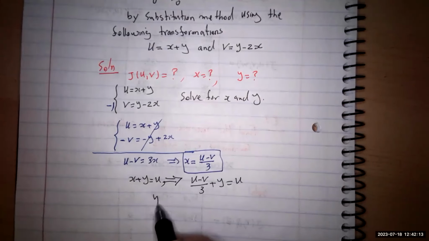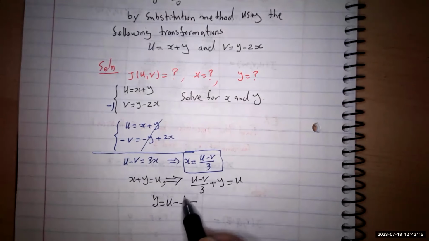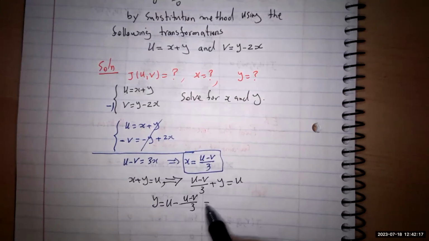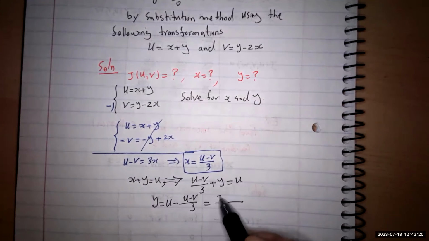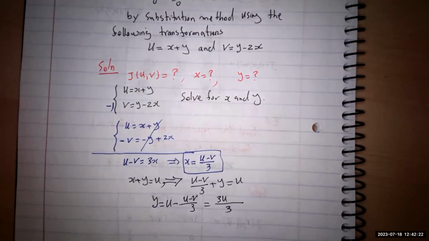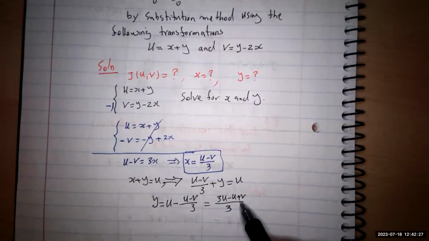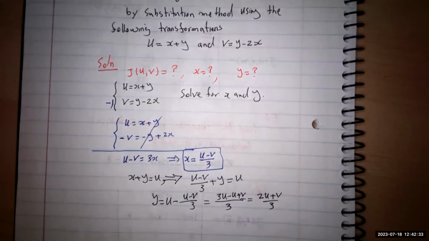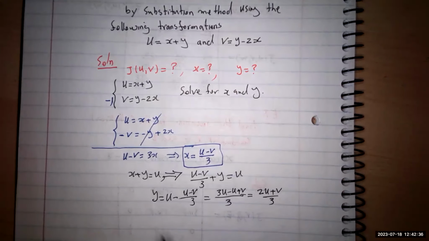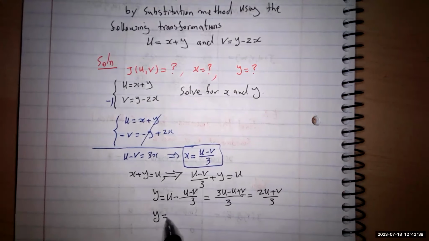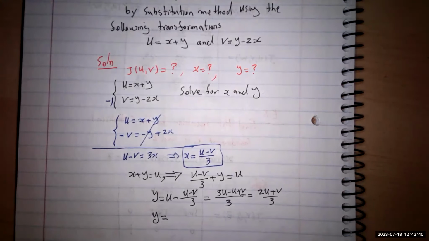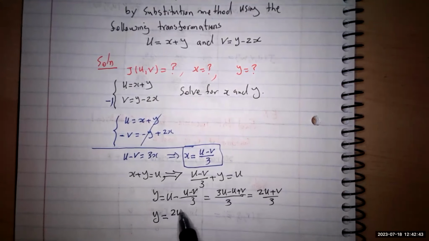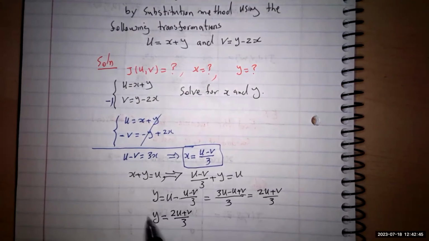So the y would be u minus u minus v over 3. The common denominator would be 3, so that gives me 3u, and applying the negative sign, minus u plus v. That makes it 2u plus v over 3. So my y is equal to 2u plus v over 3.